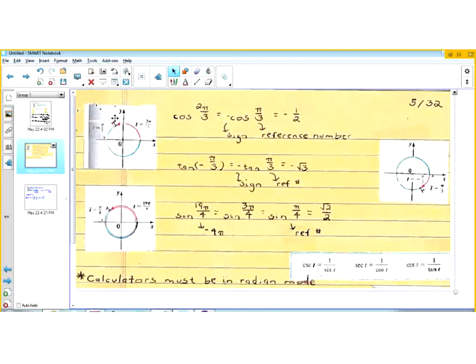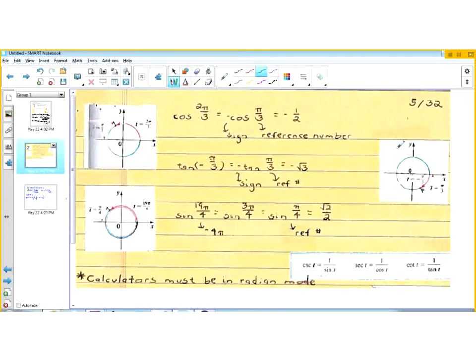Now, as far as the tangent of negative pi over 3, where is negative pi over 3? Negative pi over 3 would be in the fourth quadrant, right? It's shown in this figure: t equals negative pi over 3 is in the fourth quadrant.